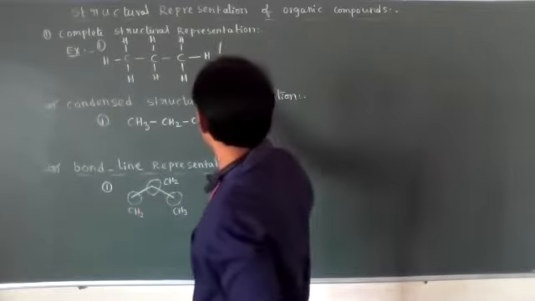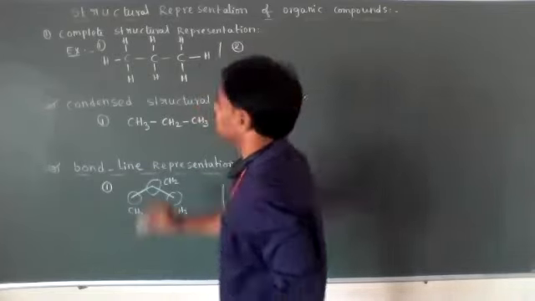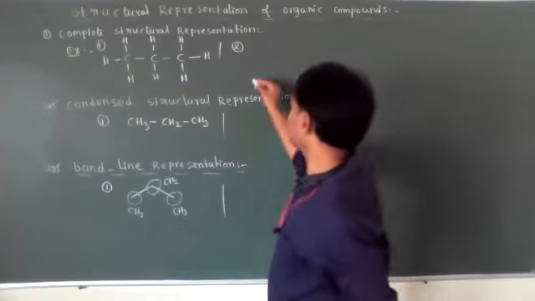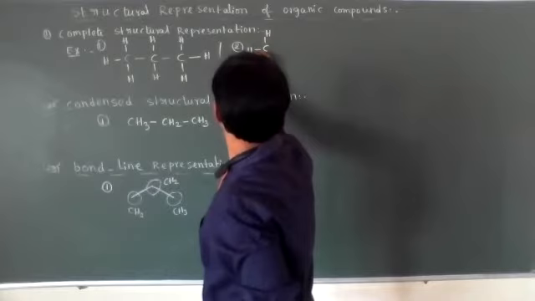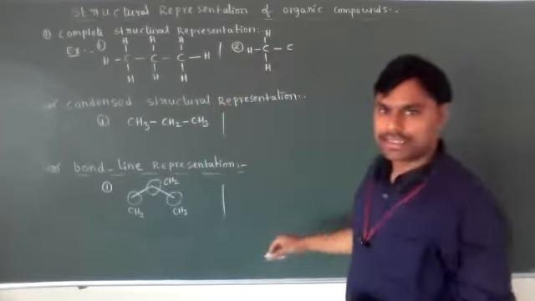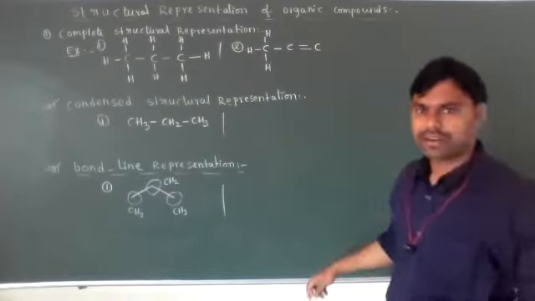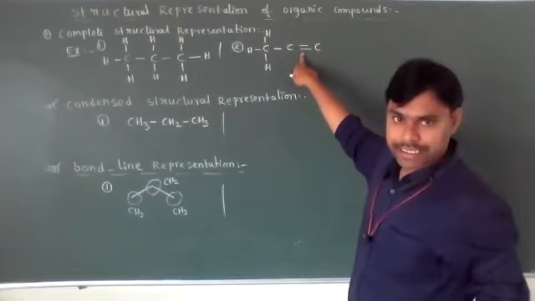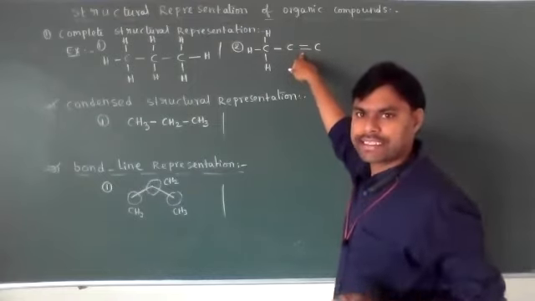Let's see one more example, students. This carbon has a double bond. Now see, a double bond is present for a carbon, and its hybridization is sp2.